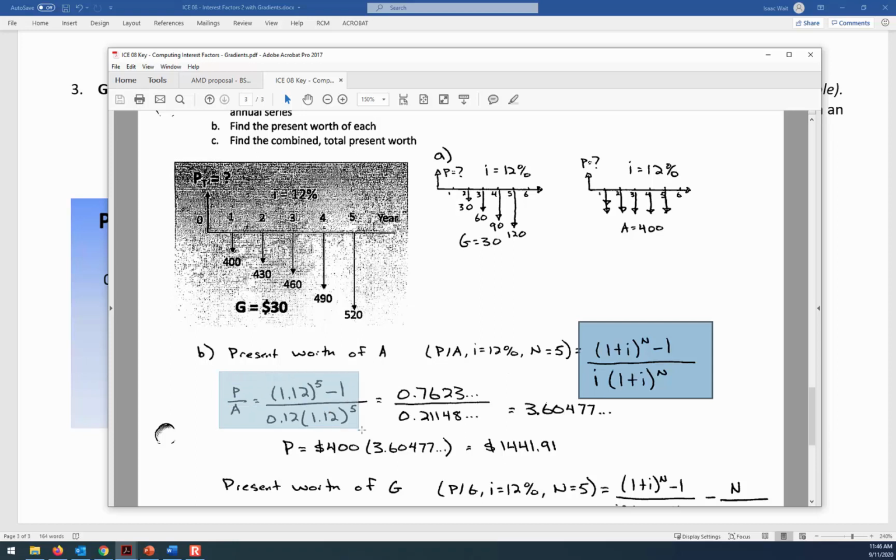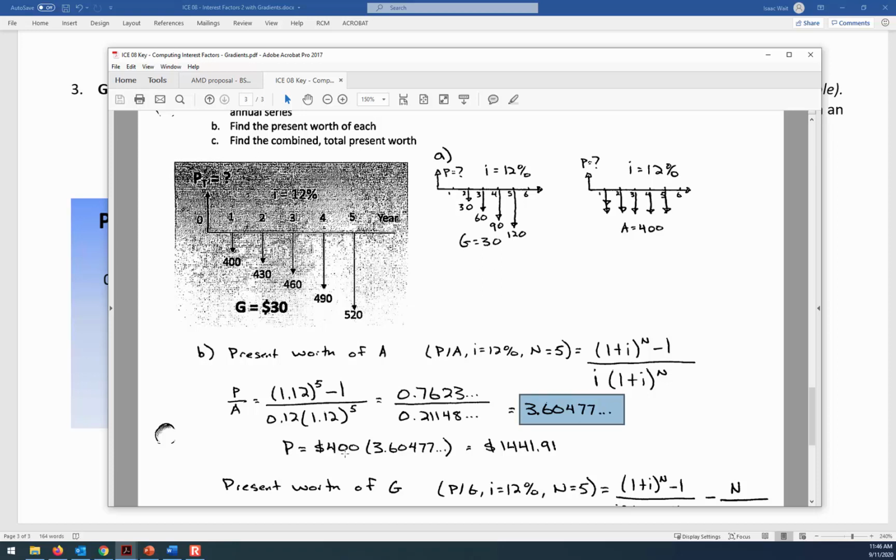You can see I've done the substitution into that formula, found the result of the numerator, and the dot, dot, dot means that even though I've only written 4 digits in the numerator, actually I kept all of the precision in my calculator, and the same thing down here in the denominator, so that this factor is accurate enough that when I multiply it by the 400, I'm going to be able to report my answer to the nearest penny.